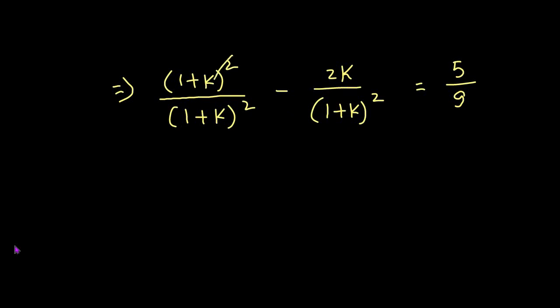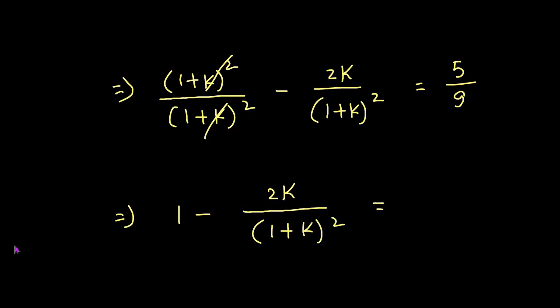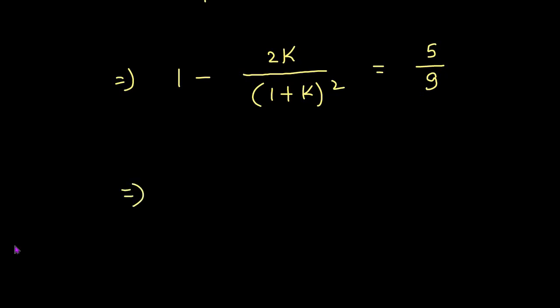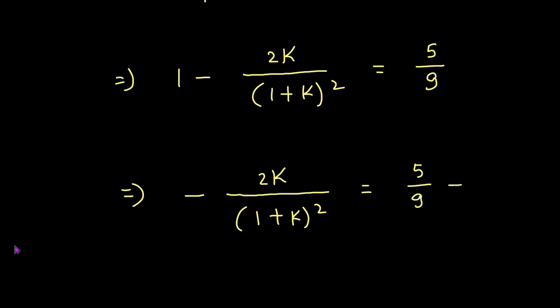We can cut these values and write 1 − 2k/(1 + k)² = 5/9. Next, we can take 1 to the right side and write −2k/(1 + k)² = 5/9 − 1.